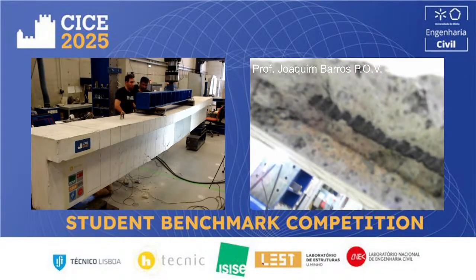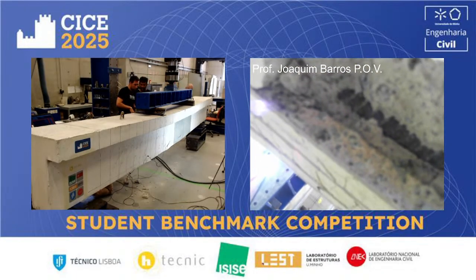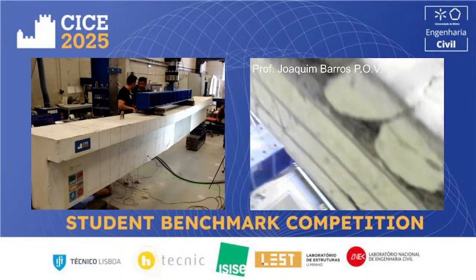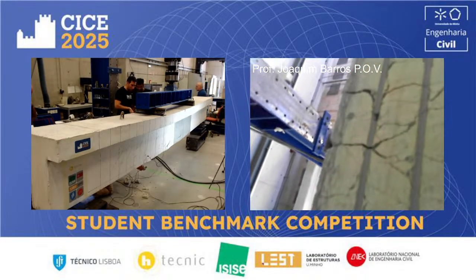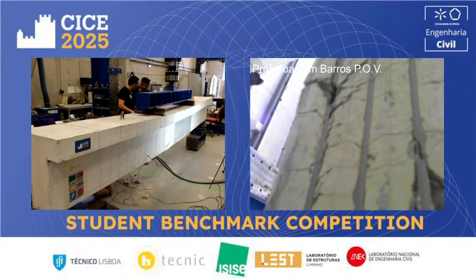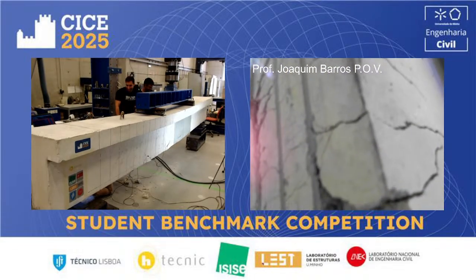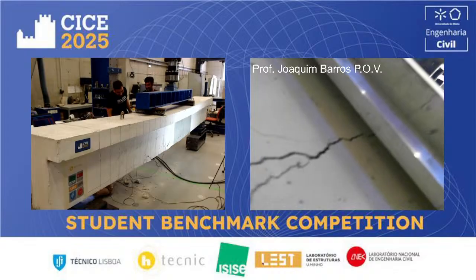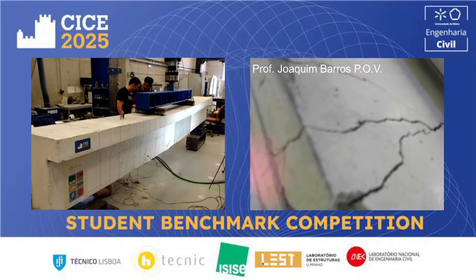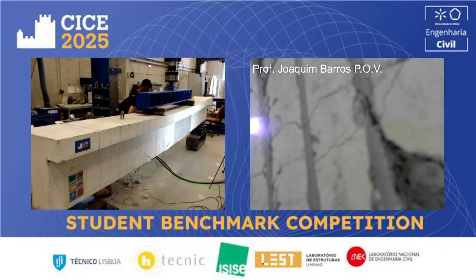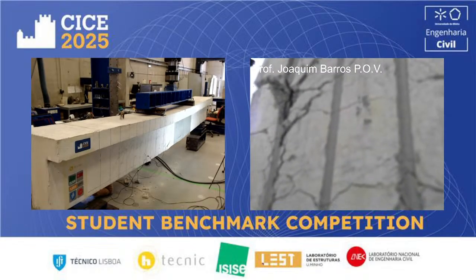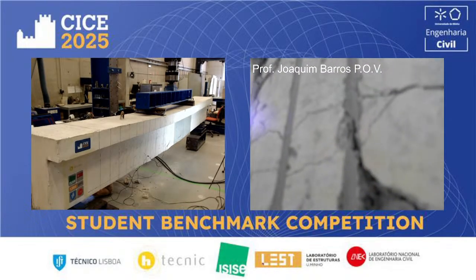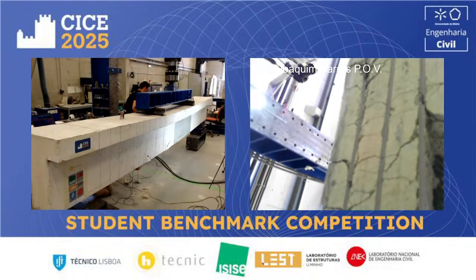We have the laminates. And this is the bottom face, and this is one of the principal flexural cracks, and then the propagation, and we can see it in the bottom. Okay, so we can interrupt it.